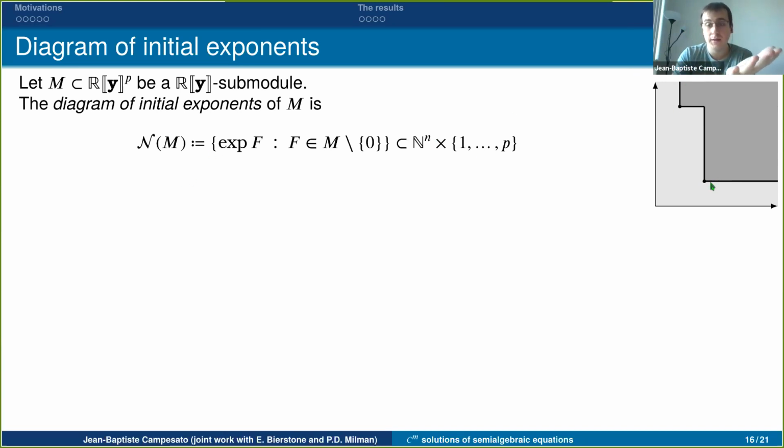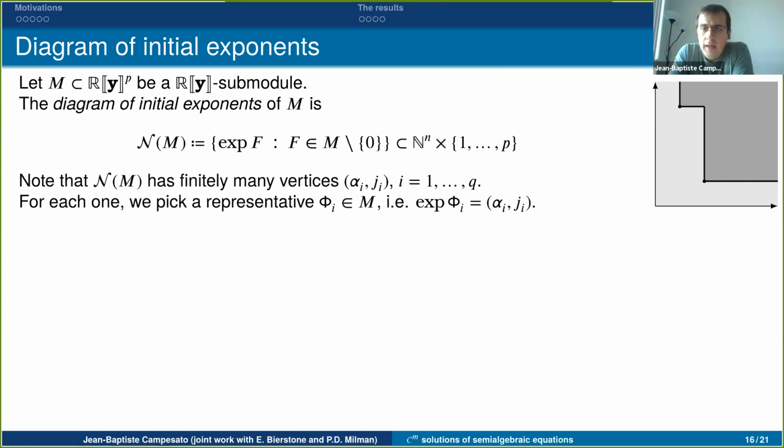So it looks like the union of the delta I from the previous slide. Particularly, it has finitely many vertices, these dots here, which have a very precise definition, but I'm not going to give it. But there are finitely many special elements, these dots, that are the vertices of the diagram of initial exponents.